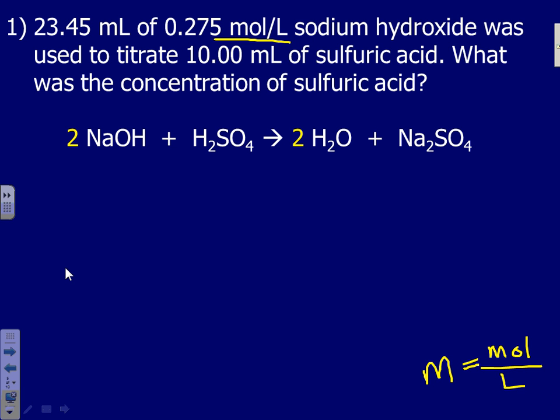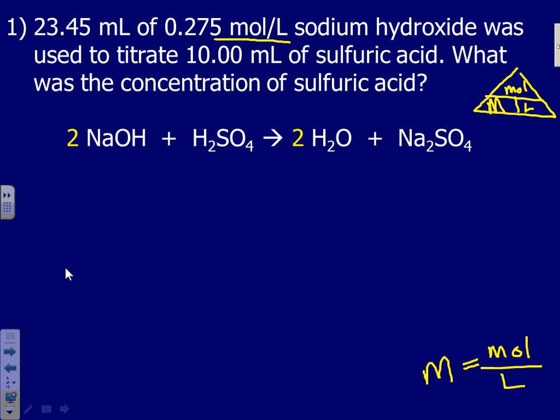I'm just going to put that off to the side. Remember, we can make our triangle out of that: moles on the top, molarity and liters on the bottom. We'll put that one up in the corner.